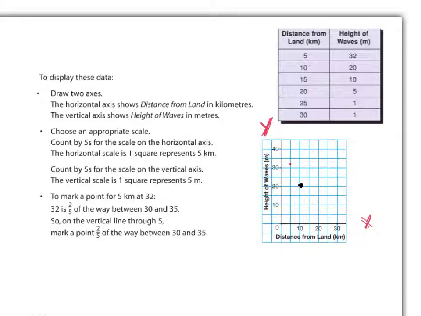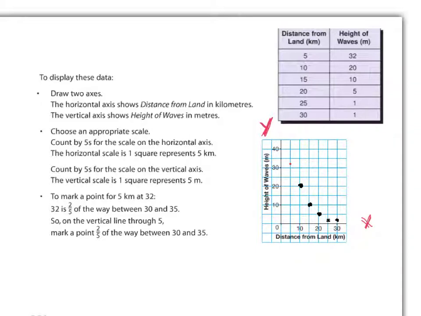Those two lines are perpendicular if we think back to our grade 5 stuff. 15 and 10 is next, right again where those lines cross perpendicularly. Next we have 20 and 5, again where those lines cross perpendicularly. And then we have 25 and 1, which is going to be just slightly above 0. And again 30 and 1, which is slightly above 0.